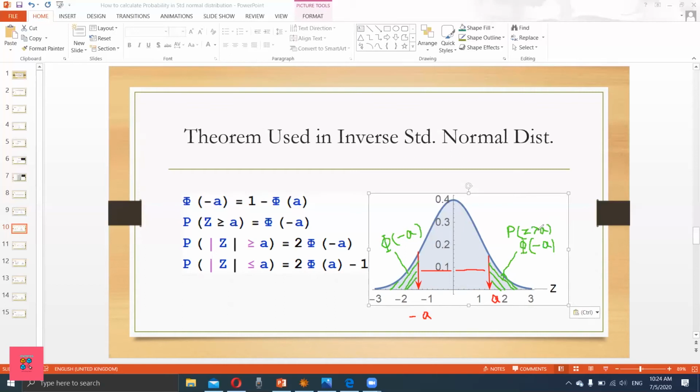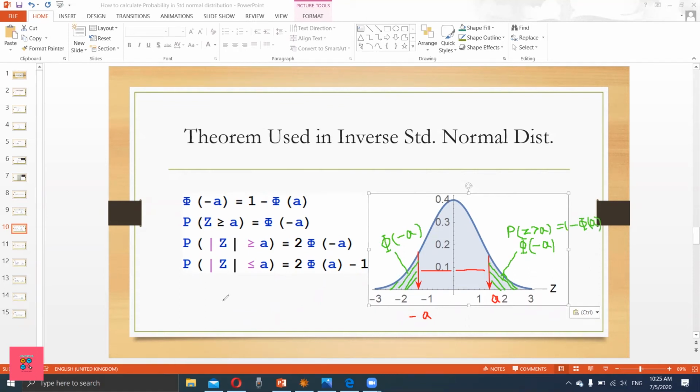That's why probability z greater than a can be obtained by phi of minus a, or directly we know that this shaded area is equal to 1 minus phi of a. This probability is also equal to 1 minus phi of a. So both ways, this is phi of a.